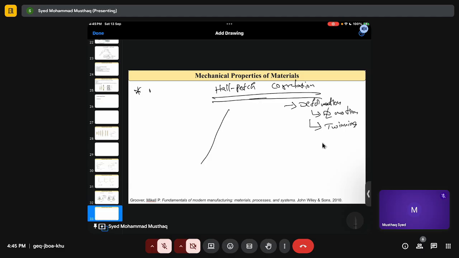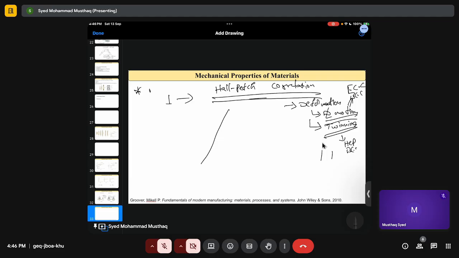In dislocation motion, every time you have only one or two atomic planes moving. In twinning, you have a collection of atomic planes moving at a time. Twinning is seen in HCP, BCC materials, and dislocation motion is seen mostly in ductile materials, FCC, BCC.